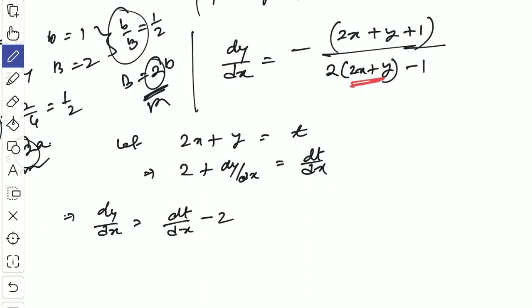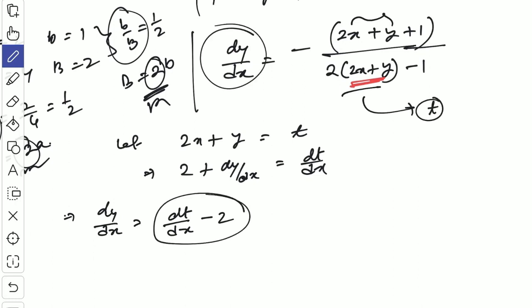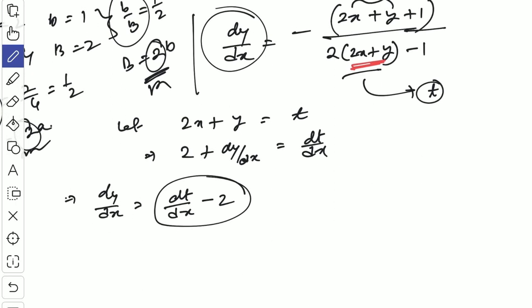Now we are going to replace this part by t, and this dy by dx will be replaced by dt by dx minus 2. Doing so, we will get dt by dx minus 2 equal to minus (t plus 1) by (twice t minus 1).